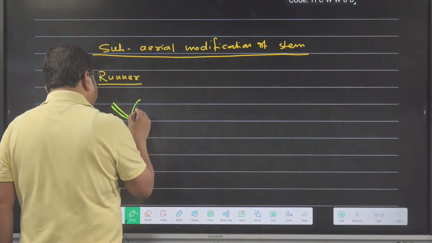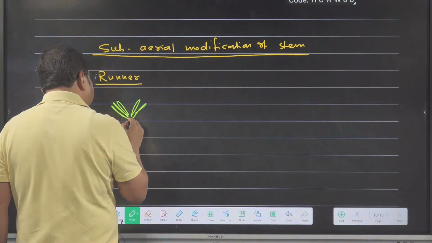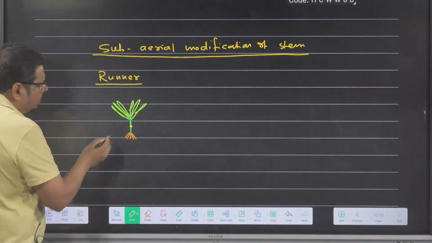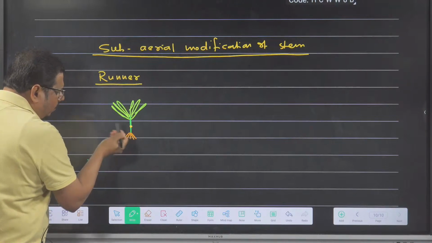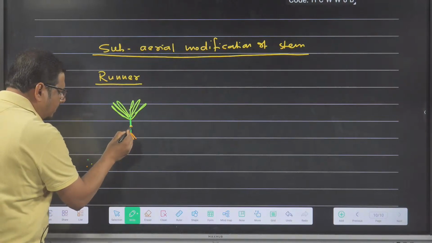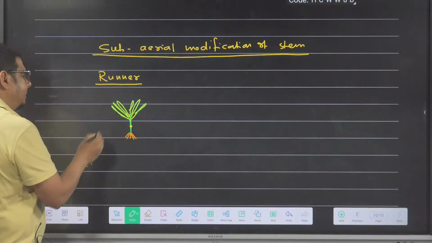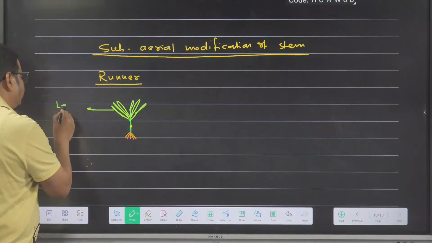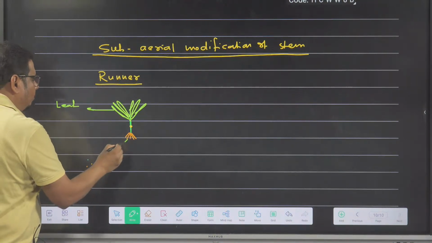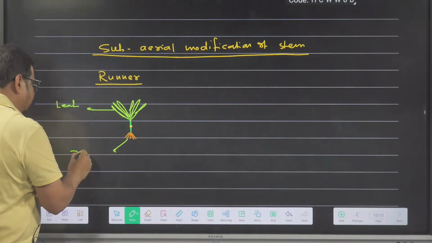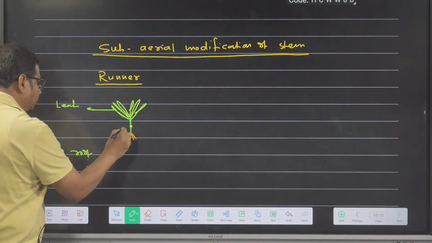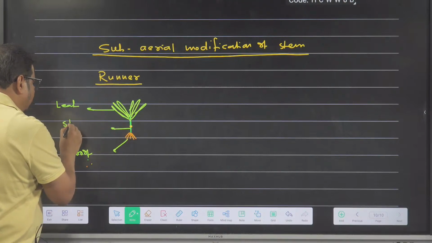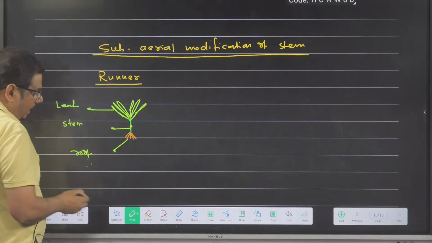Nodes are present also in the upper part. It is not only one node, everywhere nodes are there. Getting the things? Leaves are arising. So I am writing it is leaf, it is root, it is stem of grasses.